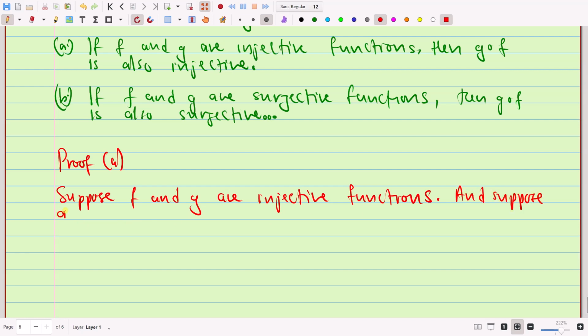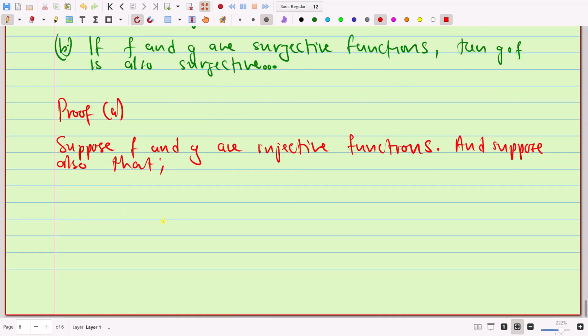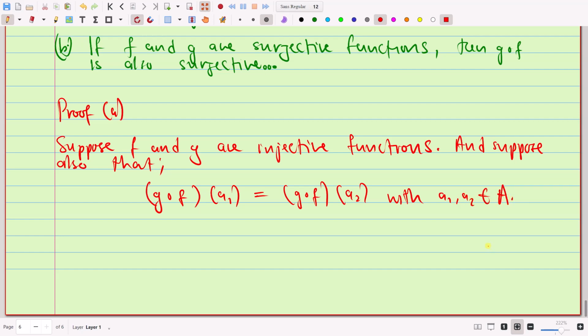And suppose also that g of f of some element a1 is equal to g of f of some element a2, with both a1 and a2 elements in A. You see, so suppose this is true.